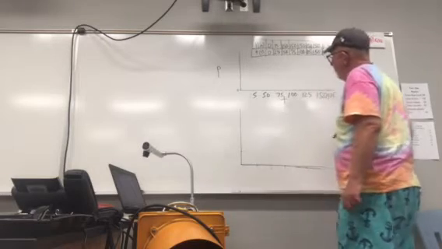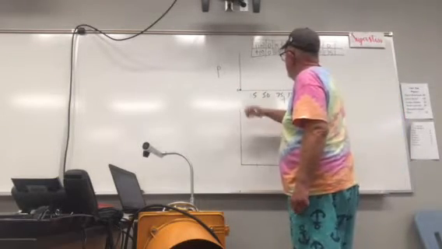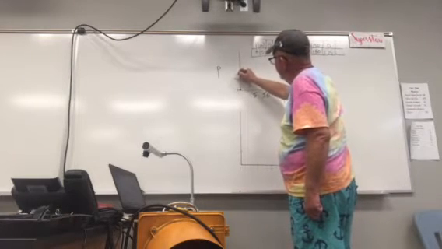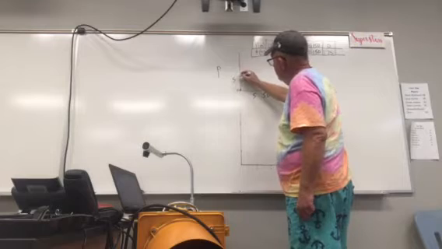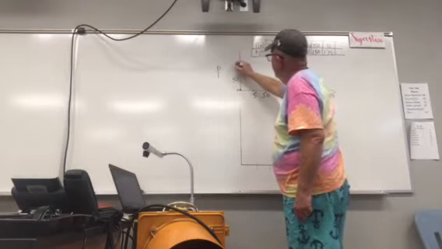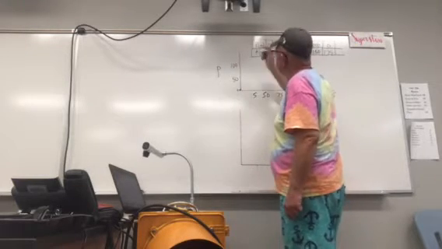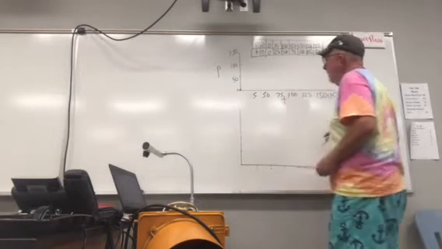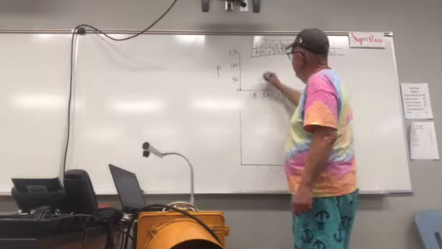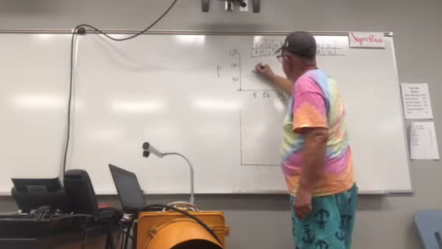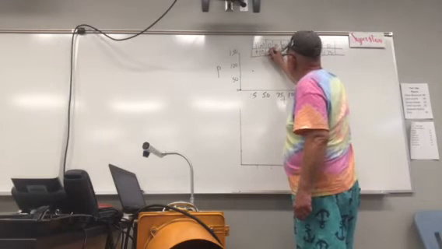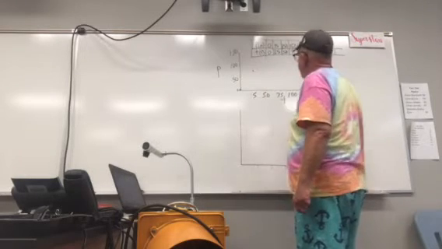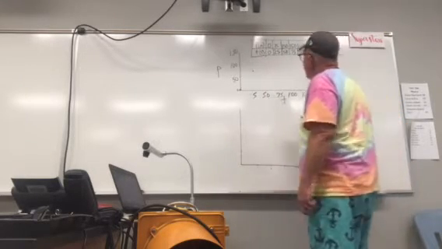Now I can plot my points, 0, 0, 25, and this will be 50, 100, 150. So here I go, 0, 0, 25, 75, 50, 150, and I see this is going to go right in the middle of my table, but that's all right.